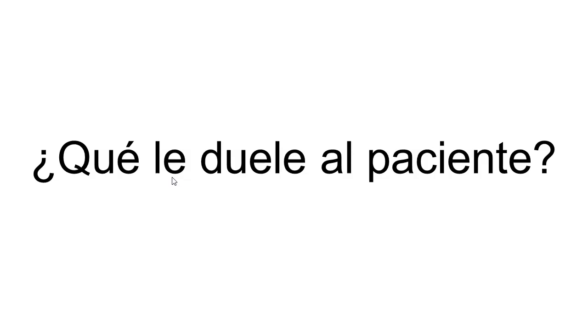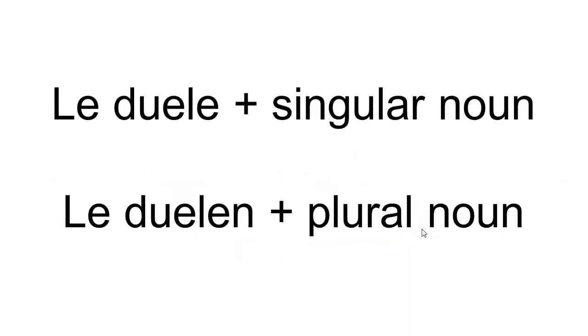In order to clarify, in Spanish we use this a plus the noun. So al paciente, al is a contraction of a and el. So el paciente, al paciente, literally to the patient. So we are saying in Spanish, what to him is hurting to the patient. And that's redundant in English, yes, but in Spanish it's necessary to clarify the le. Okay? So, ¿Qué le duele al paciente?